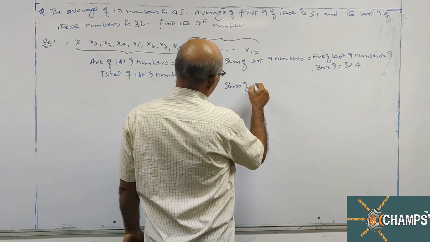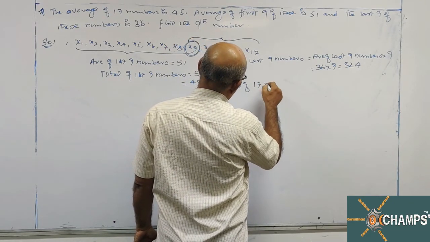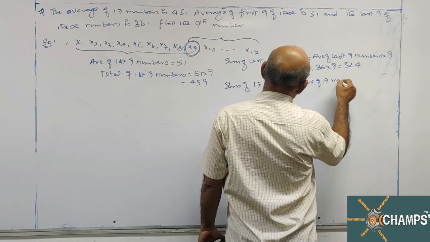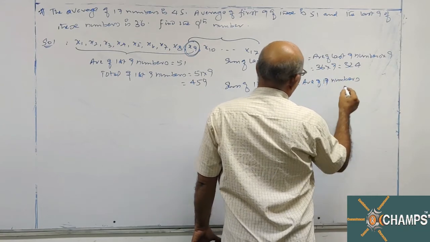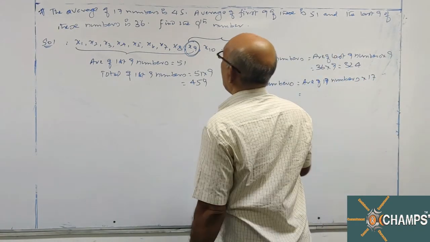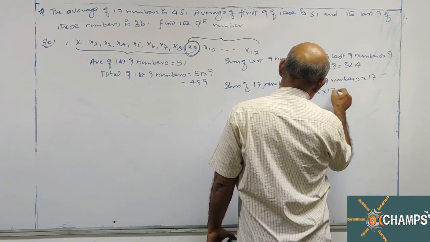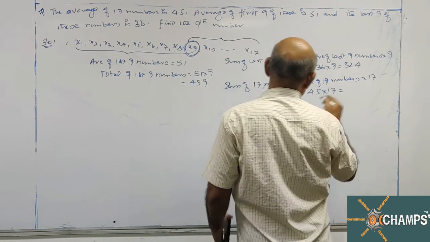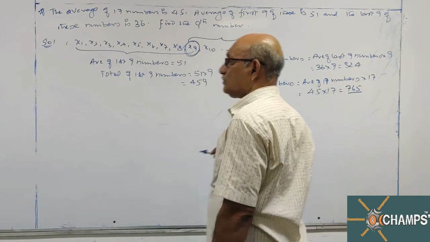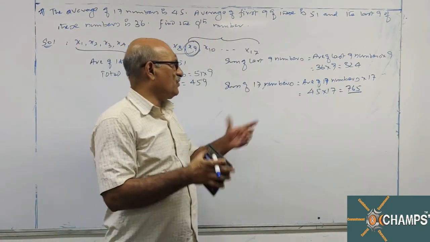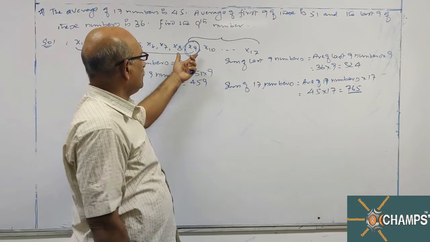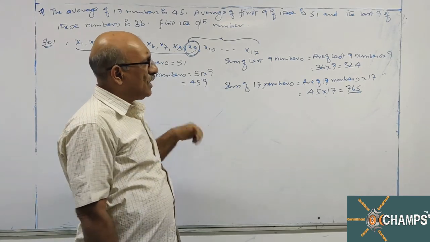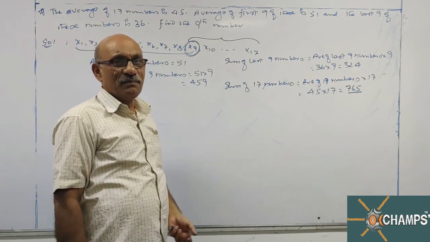Sum of 17 numbers is equal to average of 17 numbers into 17. 45 into 17, 765. So from the total of these 17 numbers, I'll subtract the sum of first and the sum of last. 18 numbers are this. Then I'll get that additional number value.